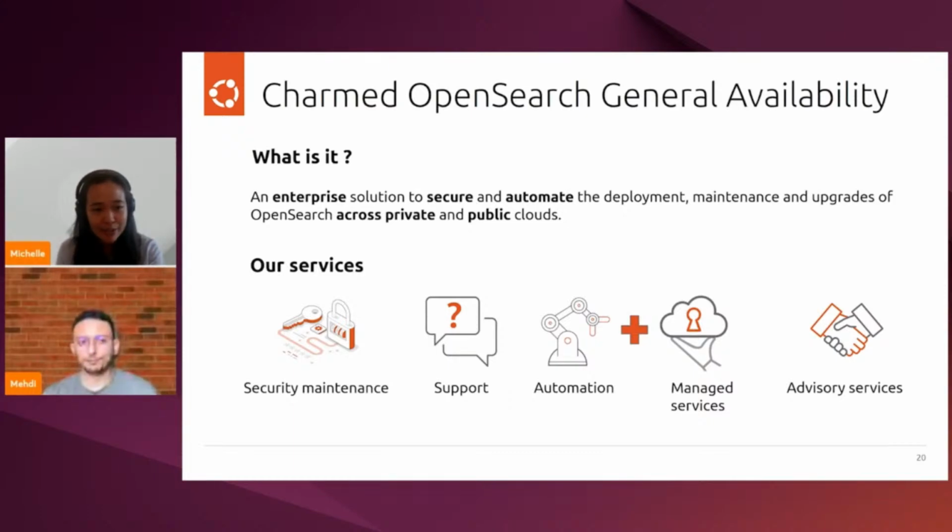And lastly, if you wanted to hear more on how to move to Charmed OpenSearch from a specific technology stack, to setting up your own LLM because you needed some sort of vector database such as OpenSearch, or wanted to learn more how OpenSearch can help for your data and AI needs, you can also talk to us about this. And we're just very happy to announce it to you.